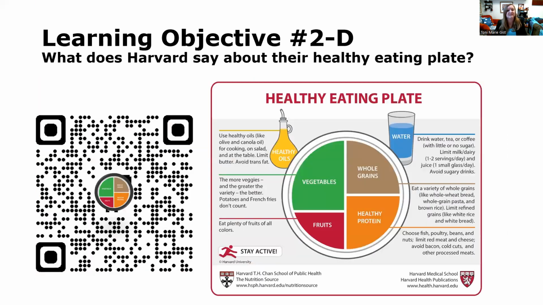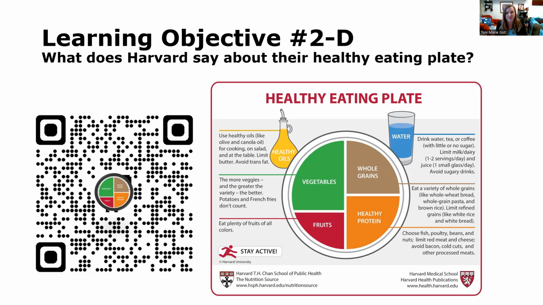When we look at different dietary patterns, Harvard has its own healthy eating plate, no joke. And I feel like their healthy eating plate is fantastic. So if you look at this plate, what do you notice? I notice that vegetables make up the majority of the options or groups on this plate.